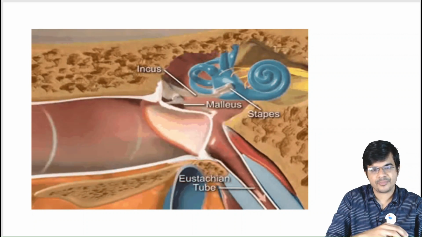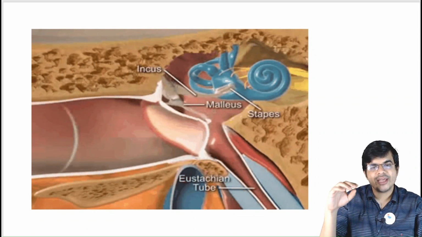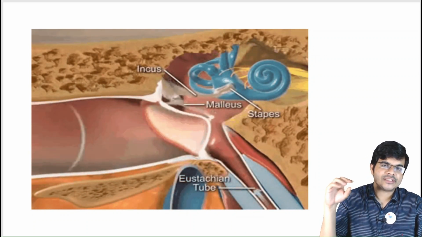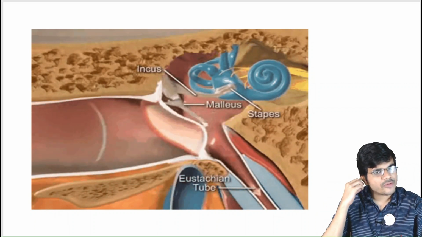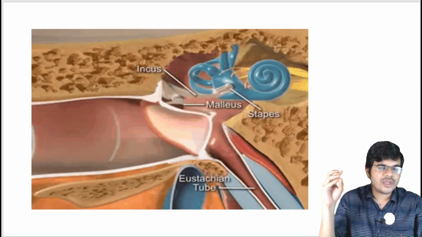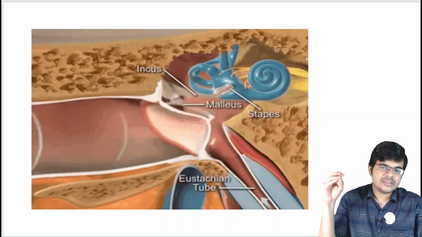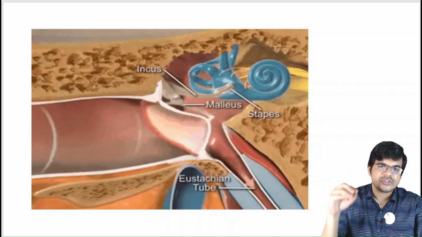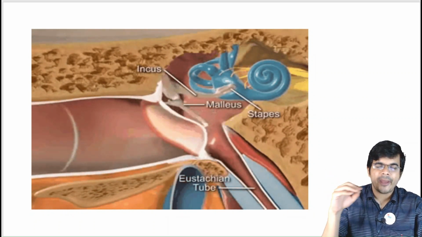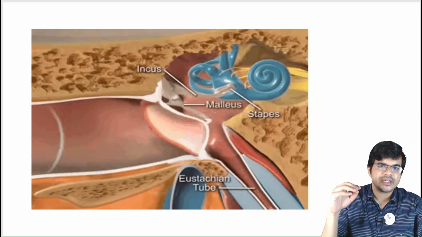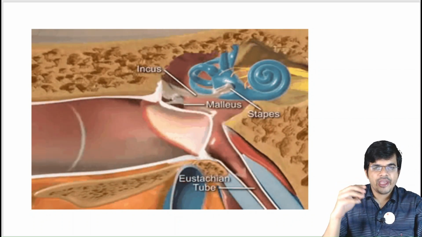When the sound waves reach the tympanic membrane, localized by the funnel-shaped action of the pinna, they cause vibration of the tympanic membrane, and that vibration results in vibration of the ear ossicles.